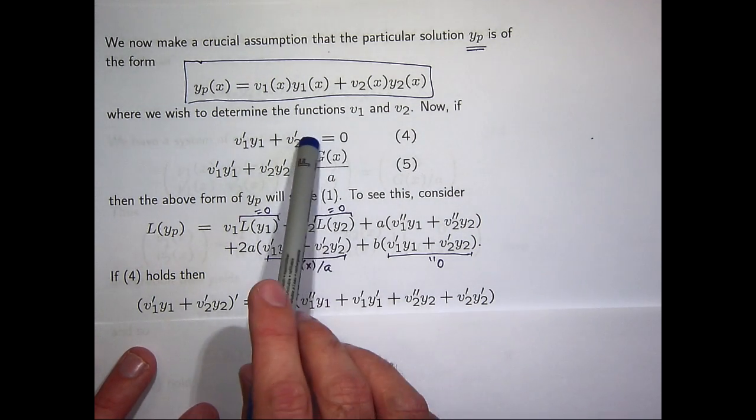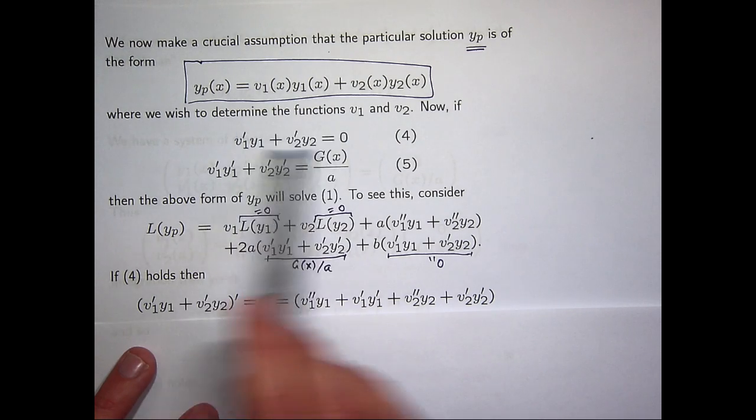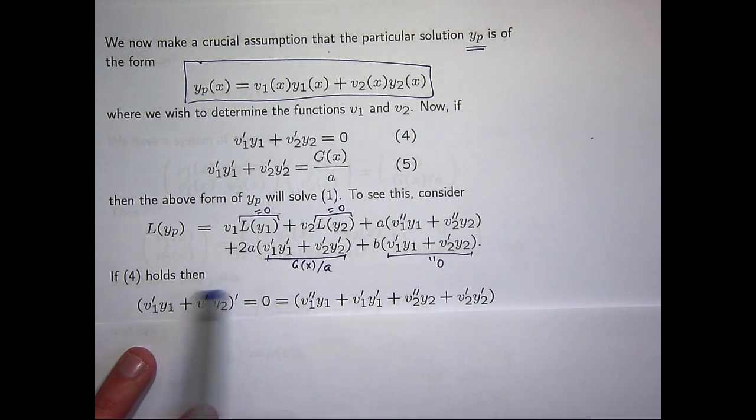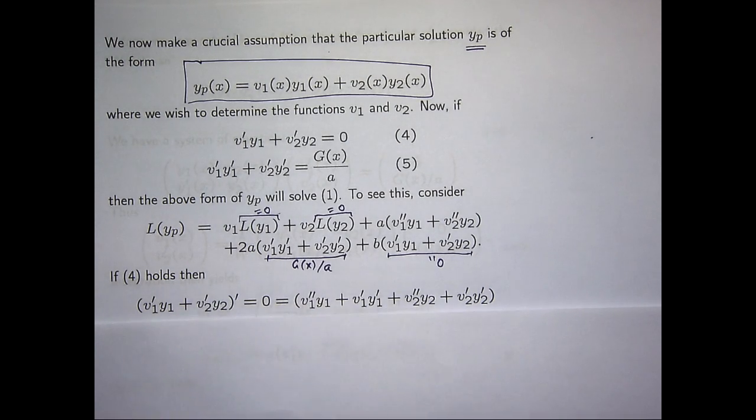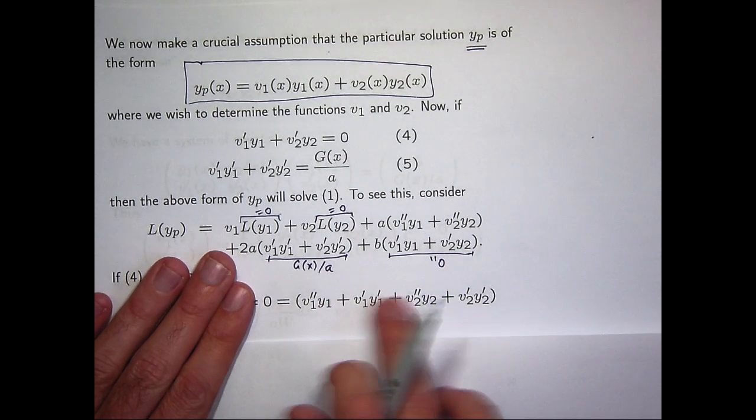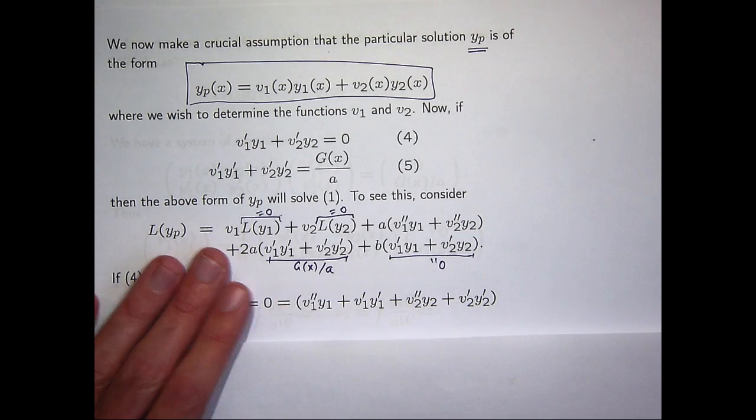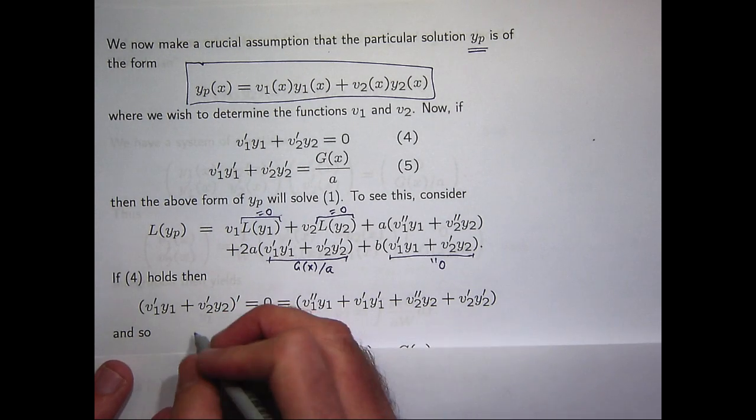Well, from 4, if I differentiate both sides of 4 and use the product rule, I'll get this. So what does that mean? Well, if I just forget about that and rearrange some of this right-hand side, I'll get the following.